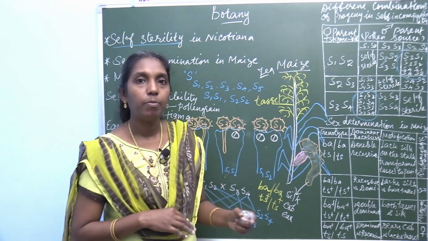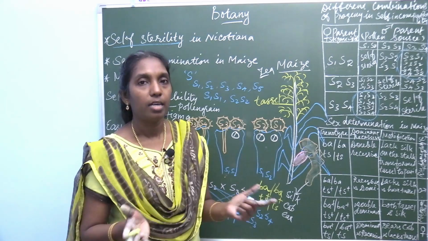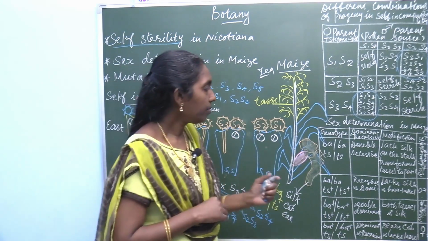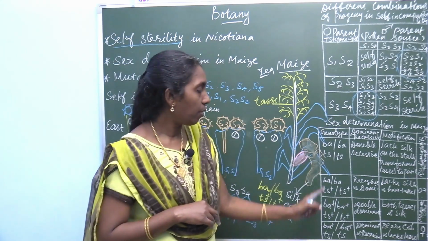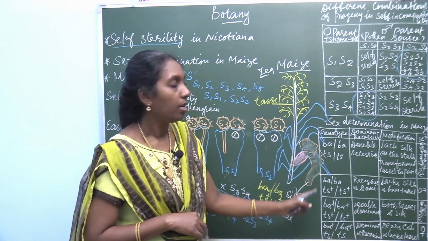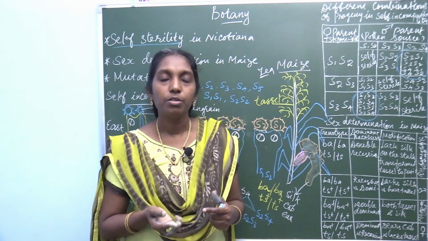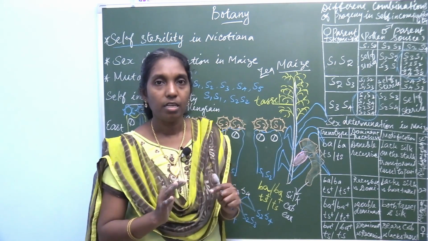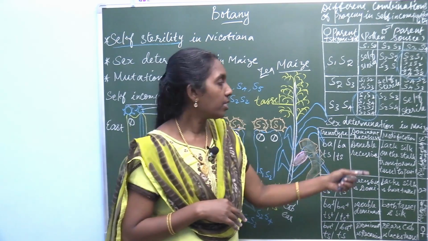What is the genotype? BA recessive, TS recessive. There are four different genotypic forms explained here. First one, double recessive, barren and tassel seed.